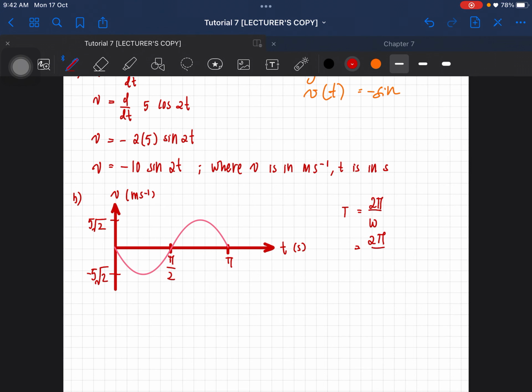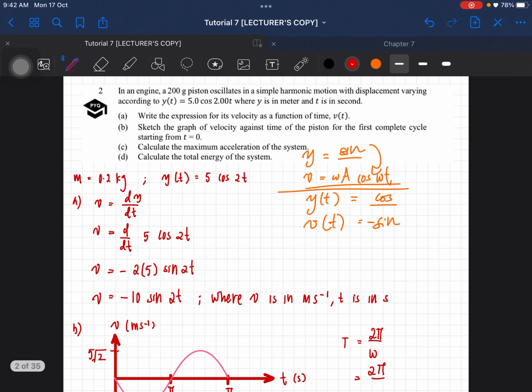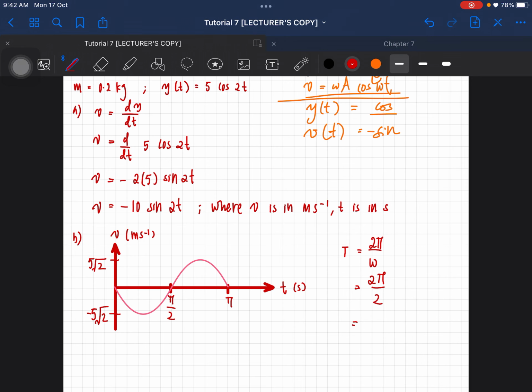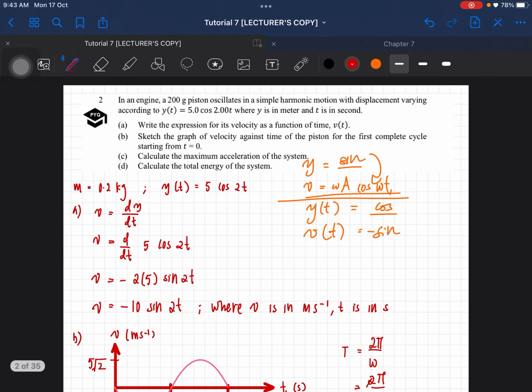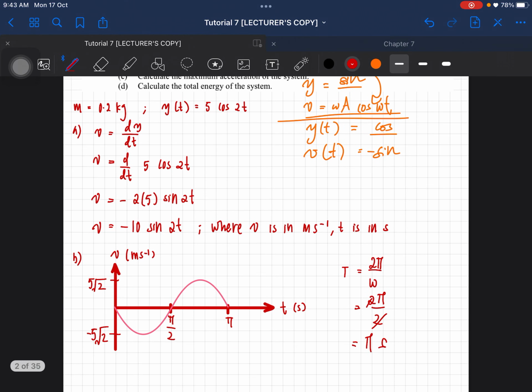So 2 pi over omega, where omega is 2, so cancel, this is pi here. So pi seconds is the period. Yeah, so it should be 5 over 2 instead of 10. Why is it 10 now?